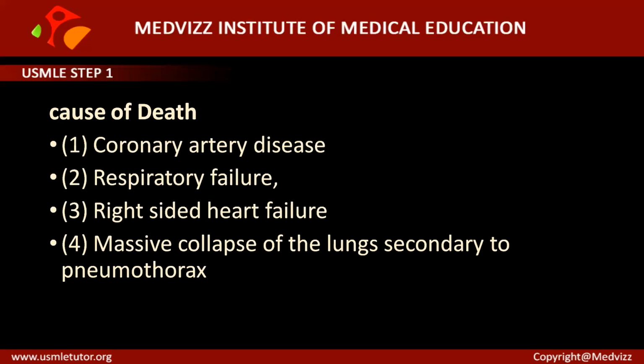Or congenital lobar overinflation is also another type, which may be seen in infants, probably resulting from hypoplasia of the bronchial cartilage. Remember, hypoplasia of the bronchial cartilage can cause congenital lobar overinflation in infants.